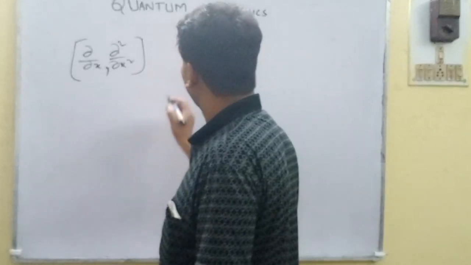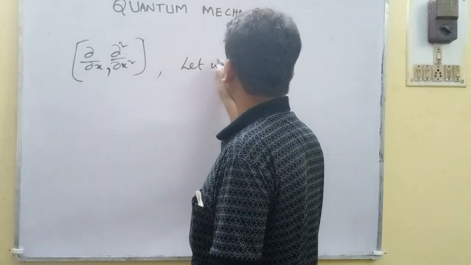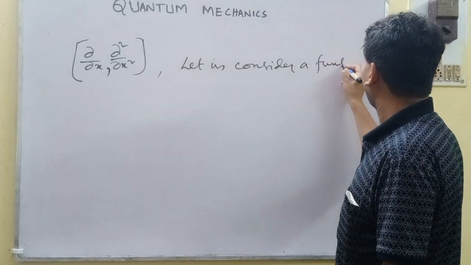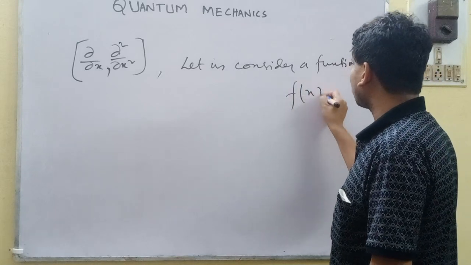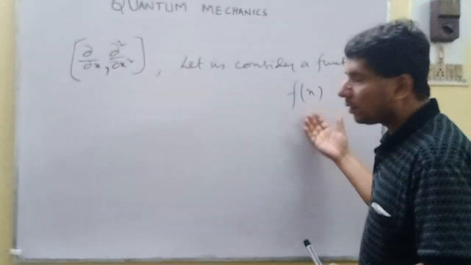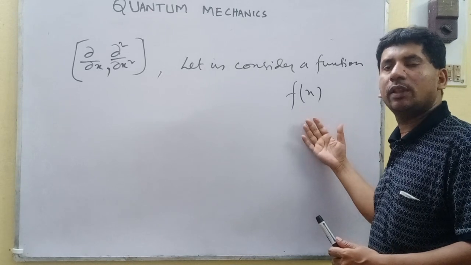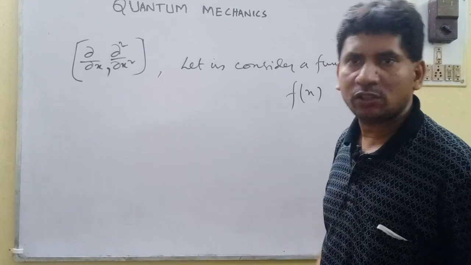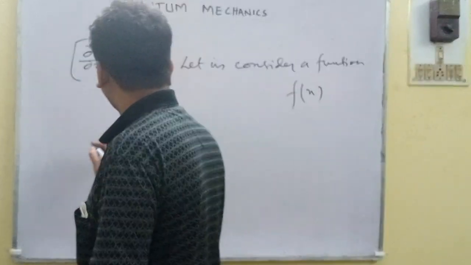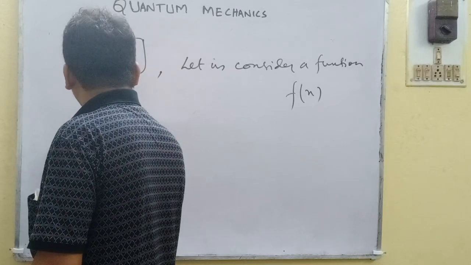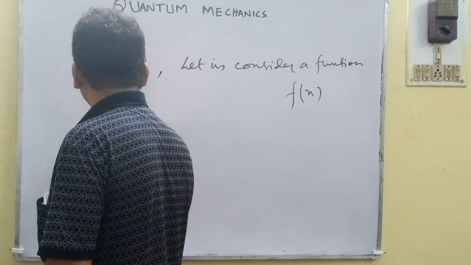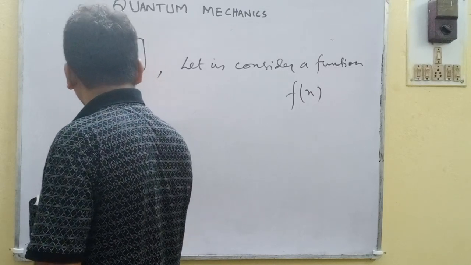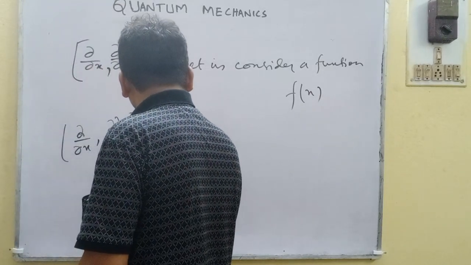Let us consider a function f(x). This is a function, that means it depends on x, that means it may be position. Then what happened? Third bracket del x comma del 2 by del x 2 in f(x), these operators operate on the function.